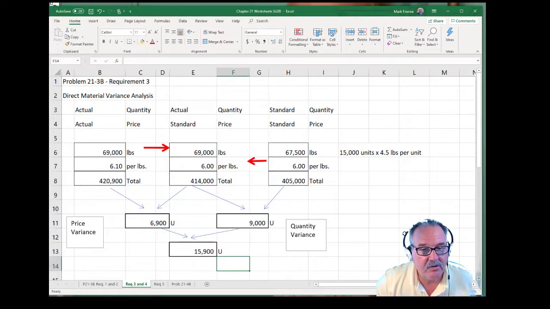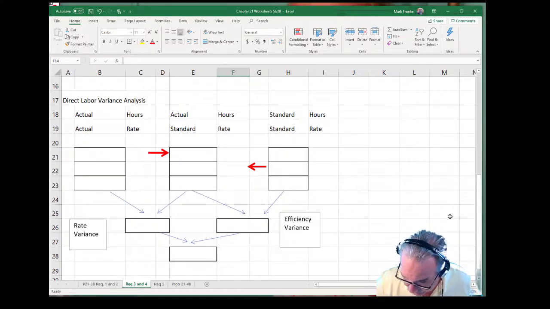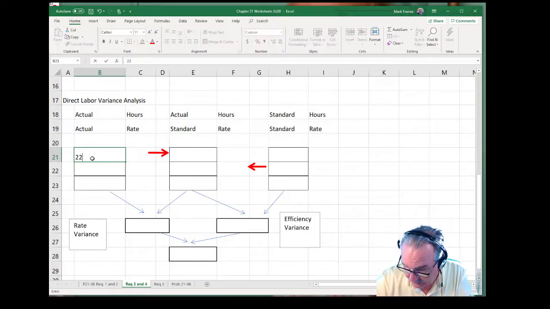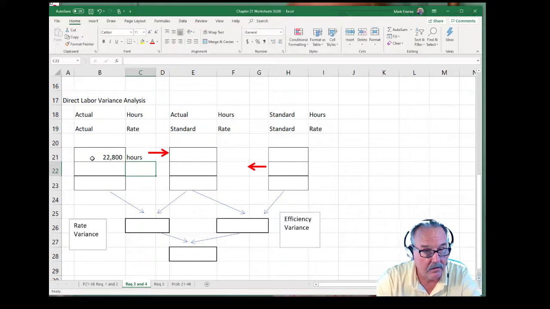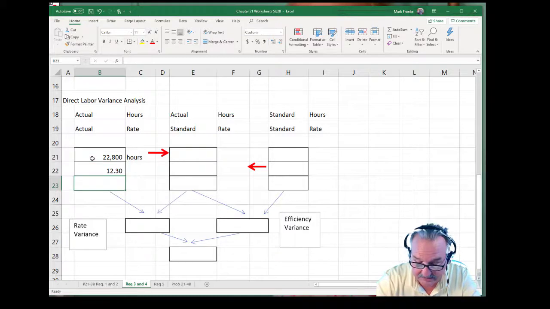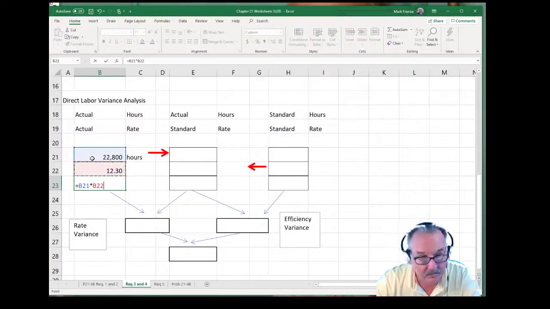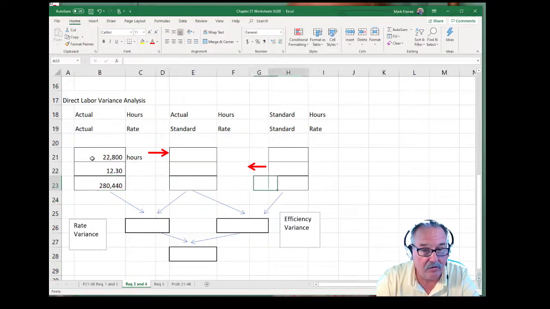We can do the same thing with labor. Here are the labor variances. So they told us that we actually spent 22,800 hours at a rate of $12.30 per hour. So we actually spent $280,440.